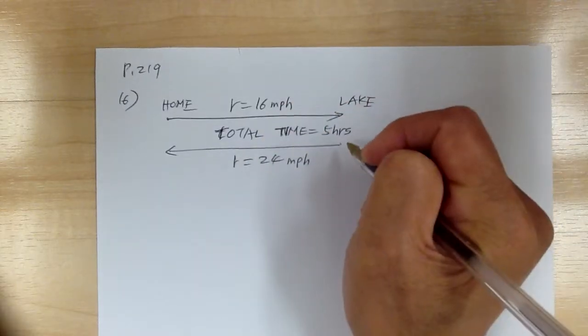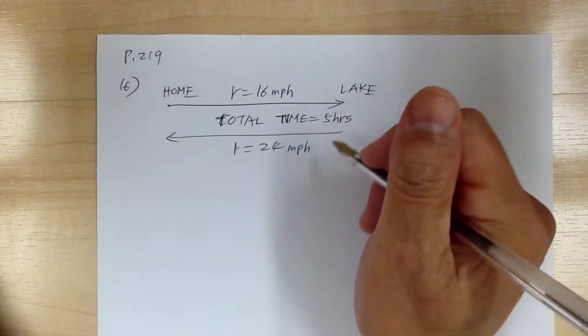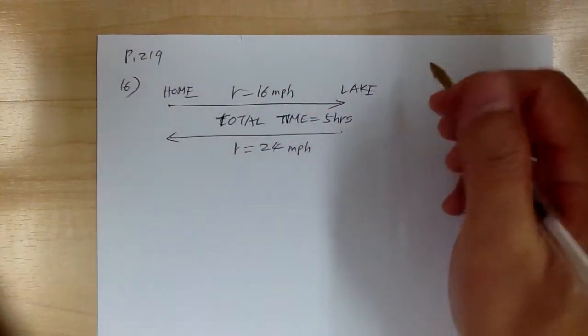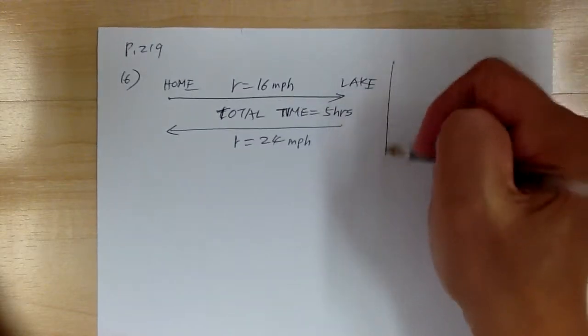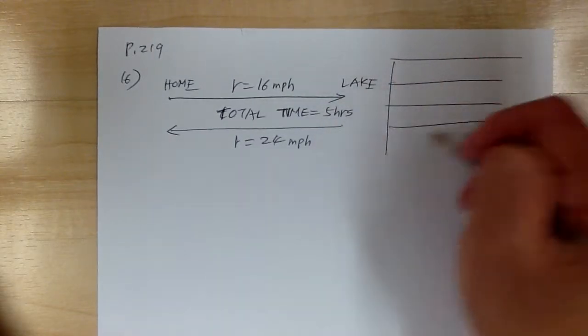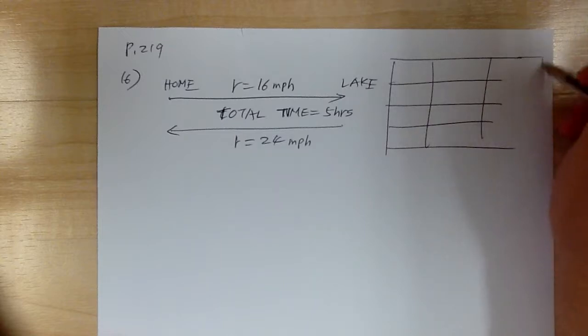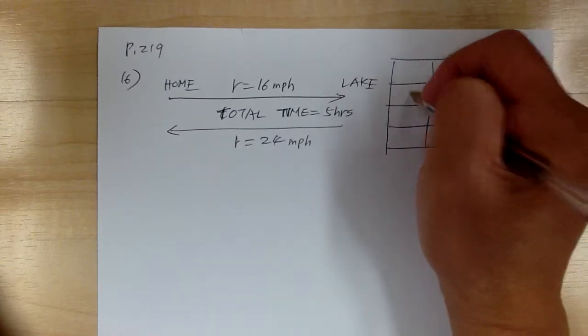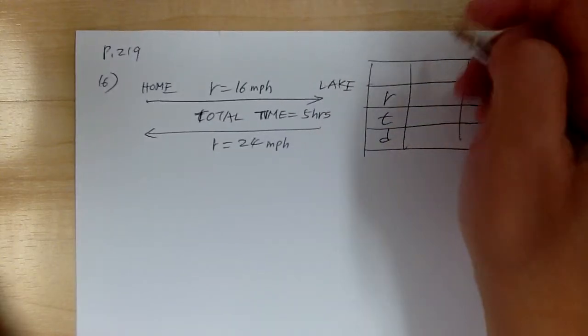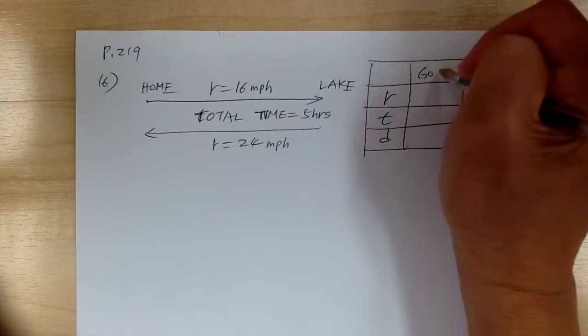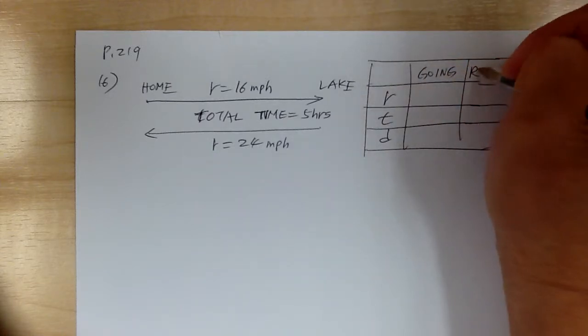Okay, so write down all the information. Now you have to answer the question, but let's go and make the table. It's rate times time equals distance, and this is going, and this is return.